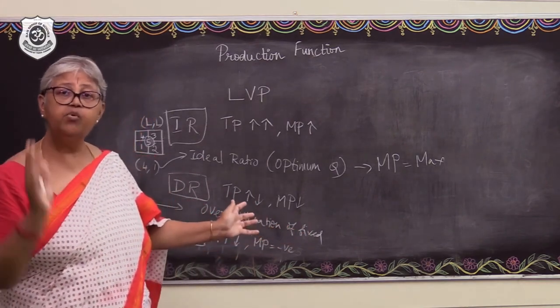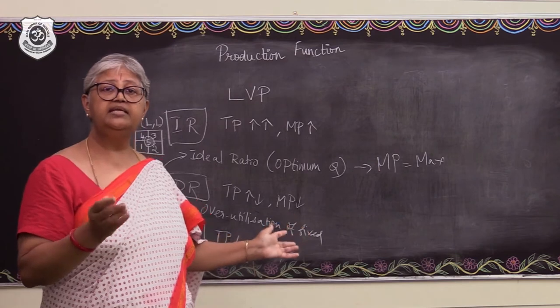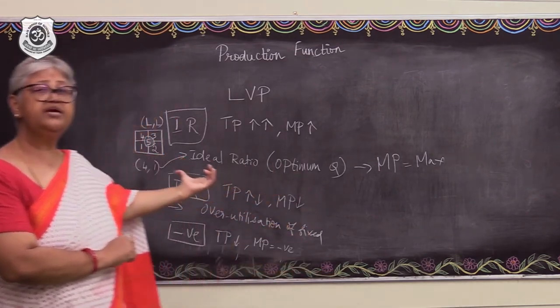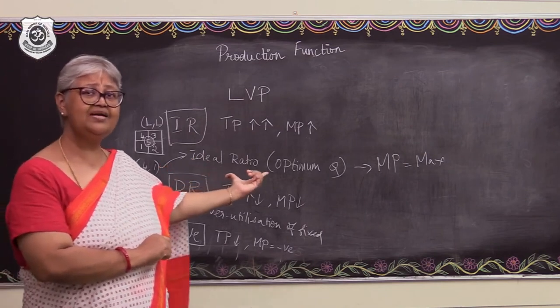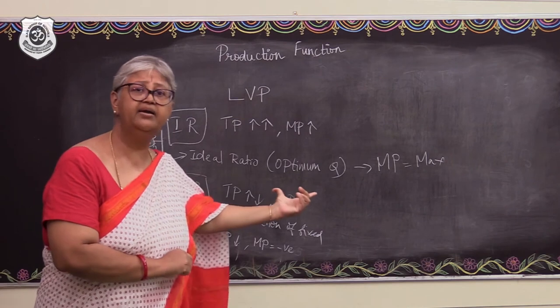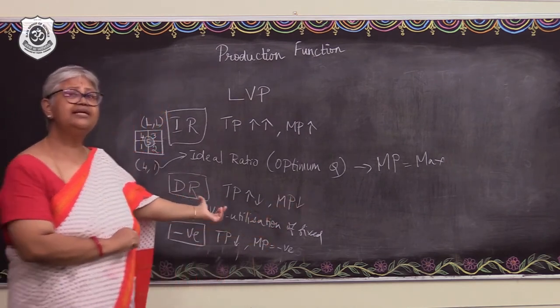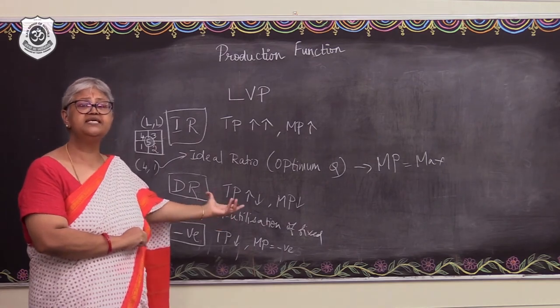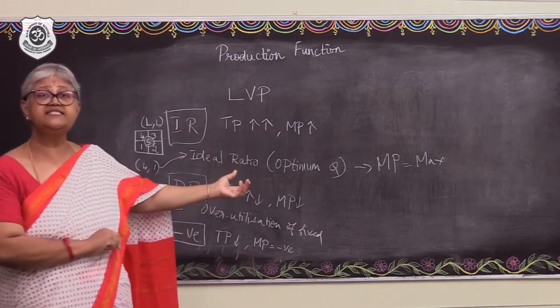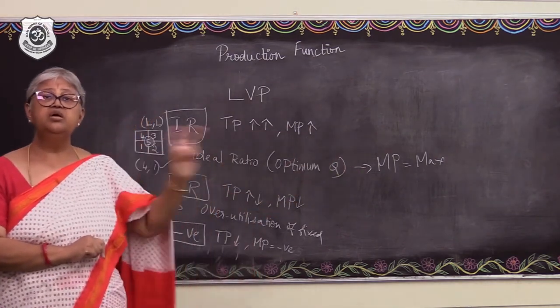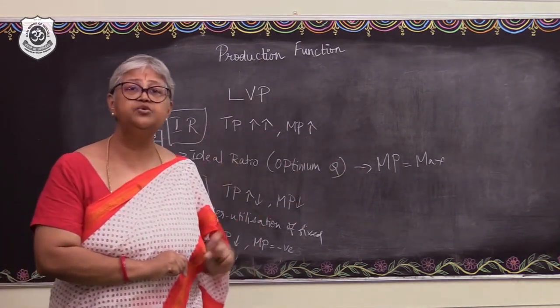There's going to be poor coordination between the variable input and the fixed input. Why? Because we are trying to overutilize the land. Land is not there. Full utilization has already happened, and we are trying to make use of that land. The entrepreneur is trying to make use of that land more and more, which doesn't seem to be changing. The fixed factor versus the variable factor. There's going to be poor coordination between these two inputs.